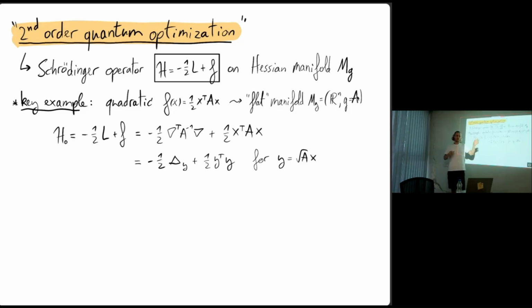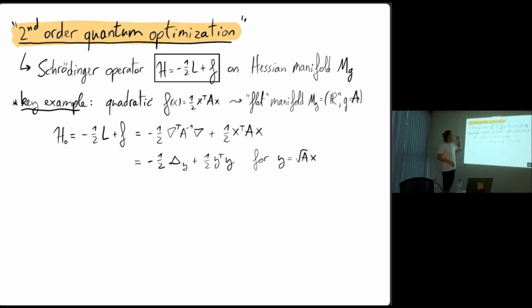It's very similar to the discussion on first and second order classical optimization. For the quadratic case, the Riemannian manifold just does a global rescaling, and then it turns out that your second order Schrödinger operator is essentially equivalent to the normal quantum harmonic oscillator. And from that operator, we know there are no condition numbers, right?